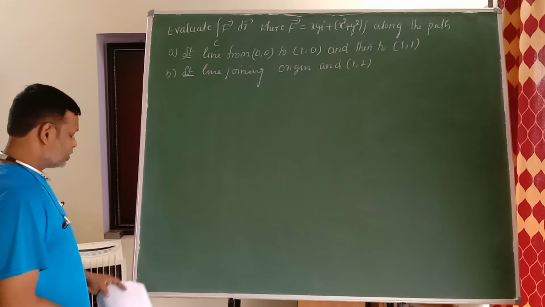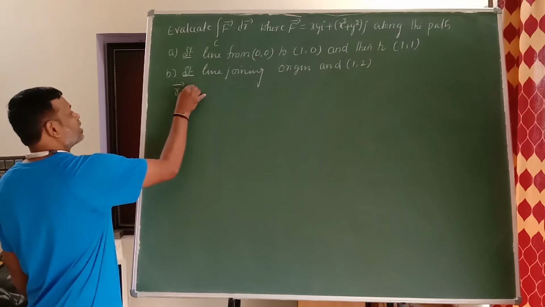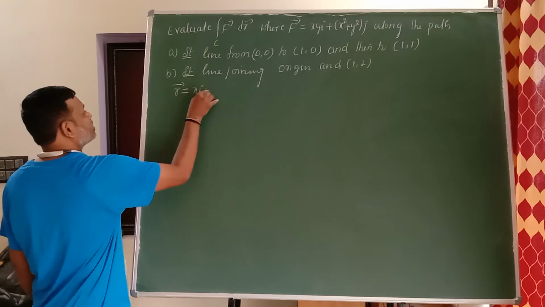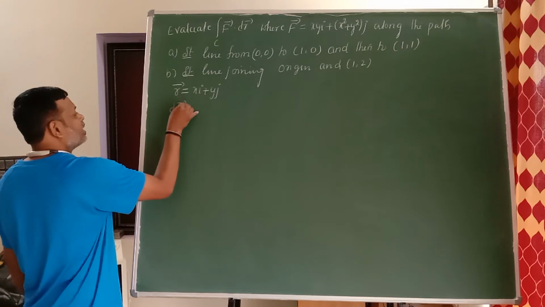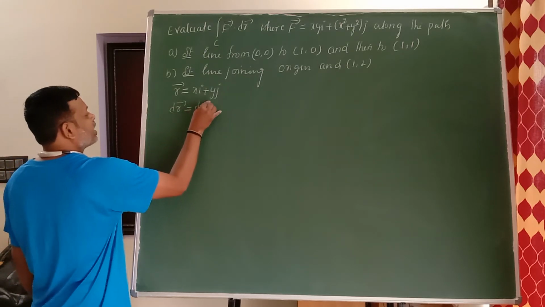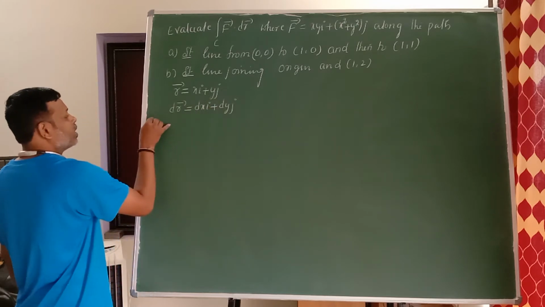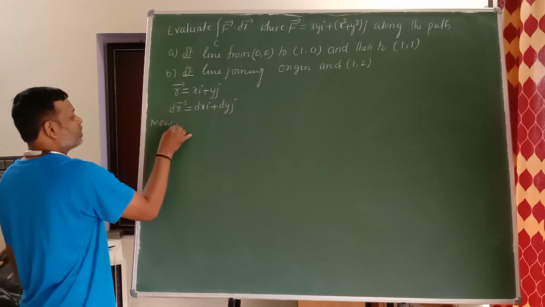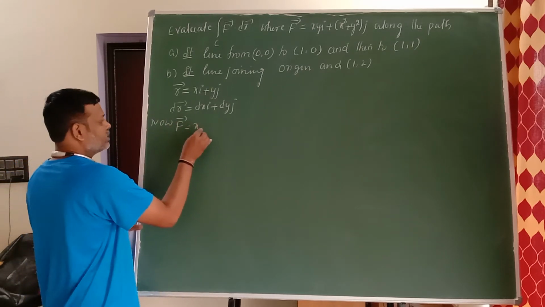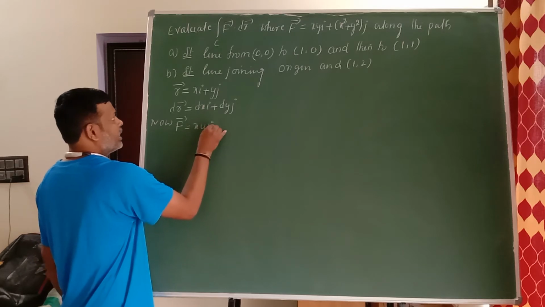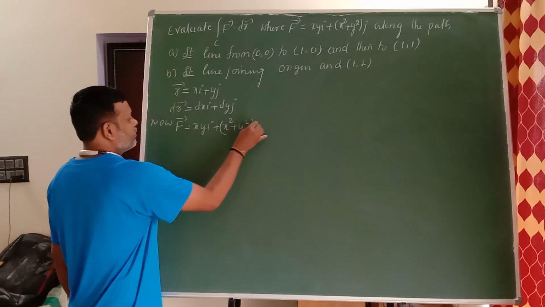First let us construct this one. So write down the r vector. The r vector equation is xi plus yj as usual. Then dr vector is equal to dx into i plus dy into j. Now what to consider here? F vector, it is a vector function. F vector is equal to xy into i plus x square plus y square into j.